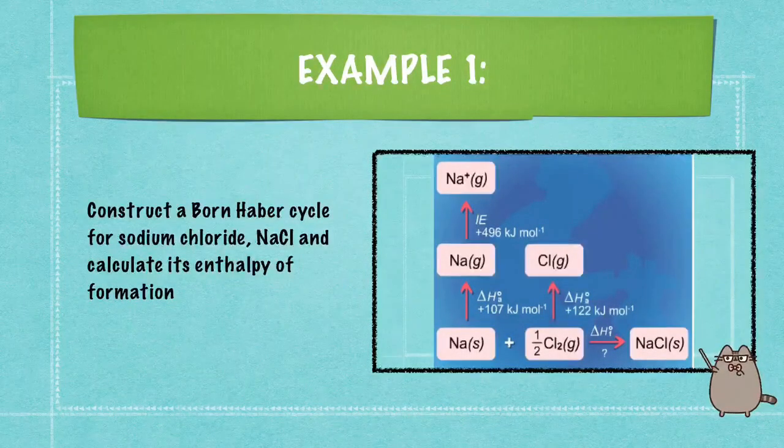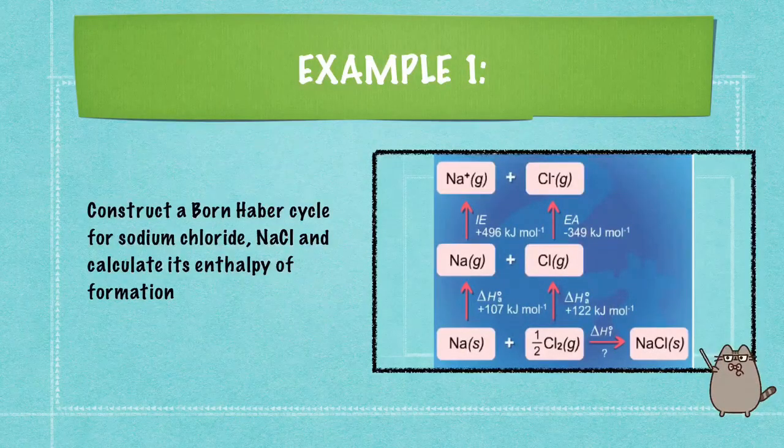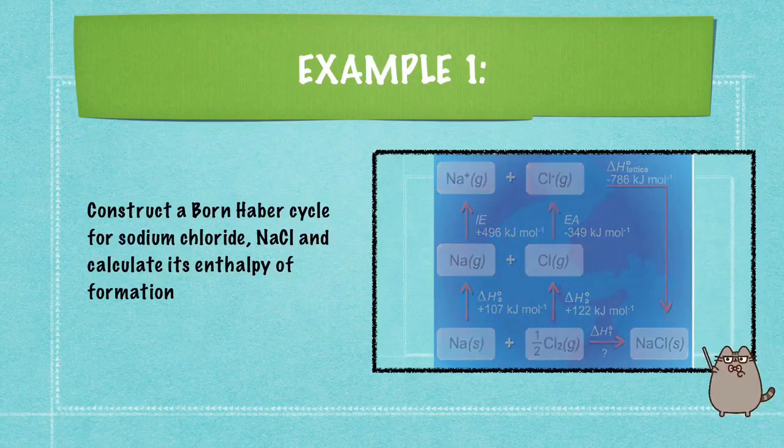Because of the high electron affinity of chlorine, 349 kilojoules per mole of energy is released when electrons are added to produce chloride ions. If the resulting ions are combined together, they form a solid crystalline compound, and the lattice energy is released.